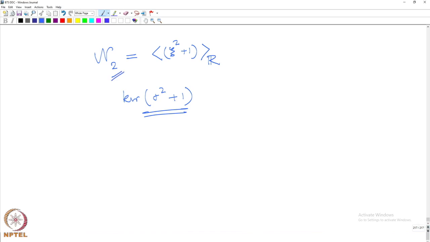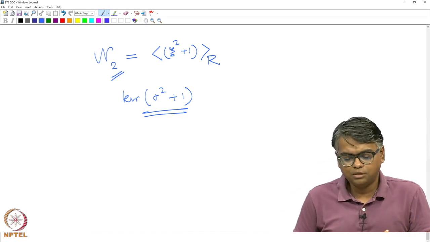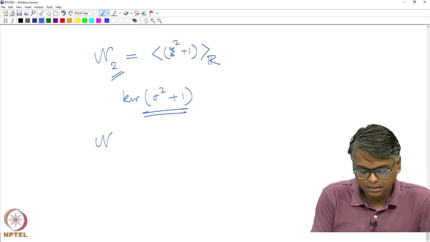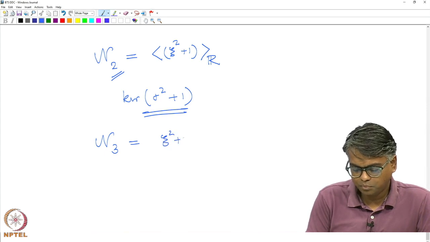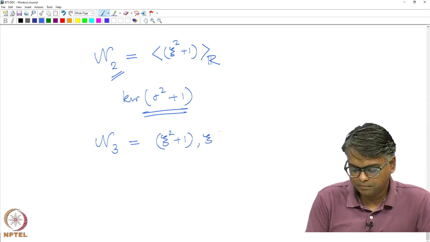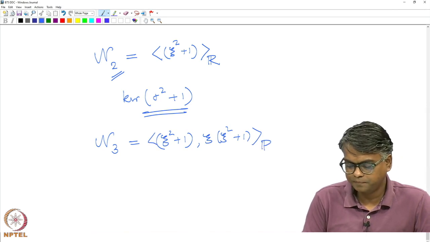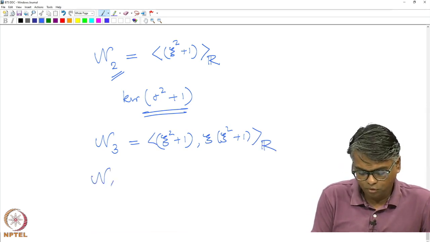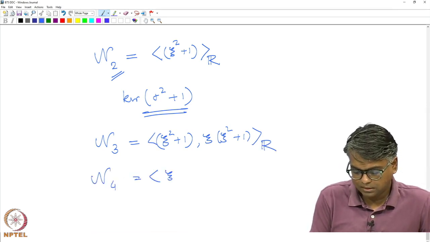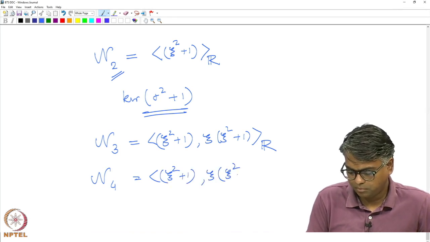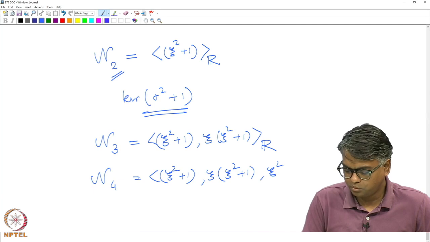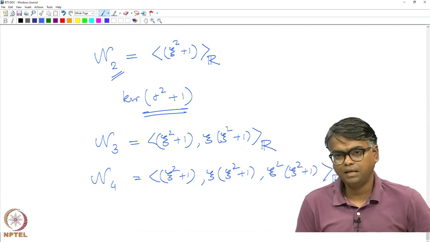No new equations actually means that if I want n3, I just need to look at xi squared plus 1 and xi times xi squared plus 1, and the linear span of that. If I want n4, I just have to look at xi squared plus 1, xi times xi squared plus 1, and xi squared times xi squared plus 1, and the linear span of that.